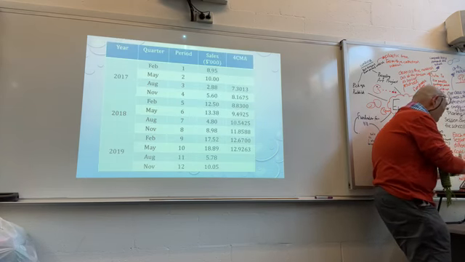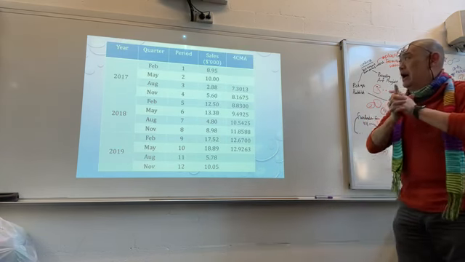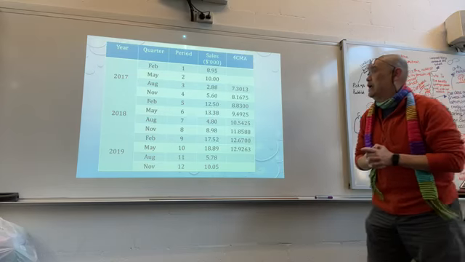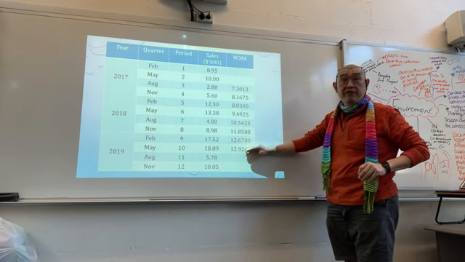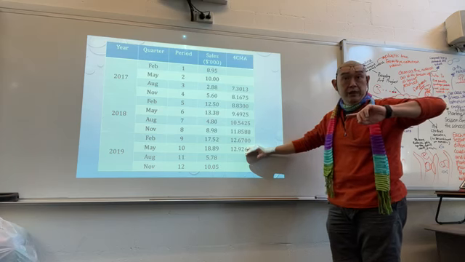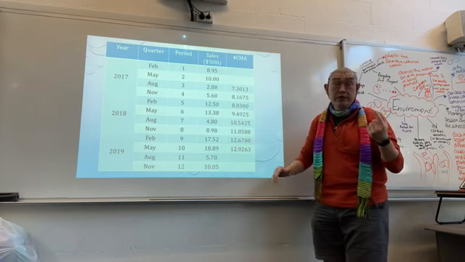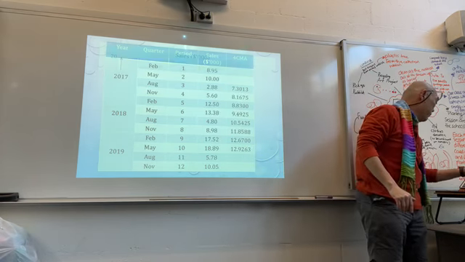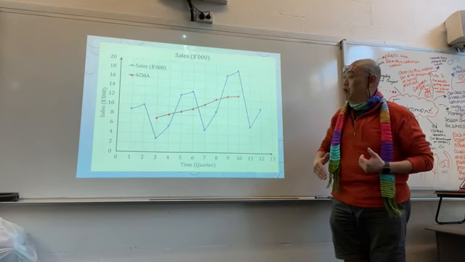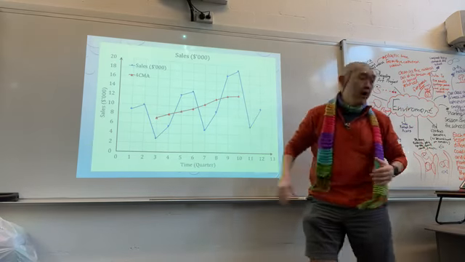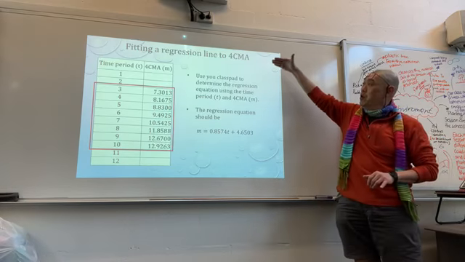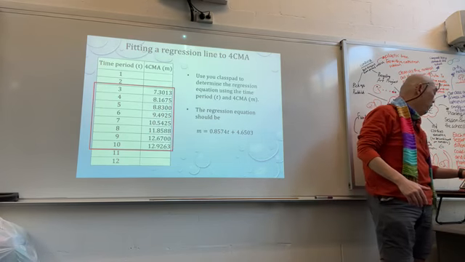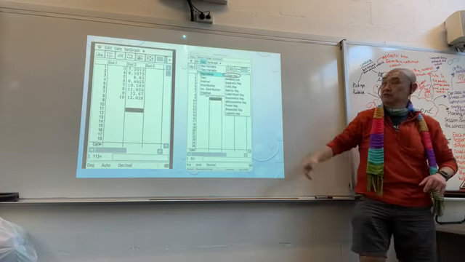Now, what I did on Wednesday was show you how to work out the 4-point center moving average and then the regression. You all remember how to do that? Just a quick recap. We worked out the 4-point moving average, we plotted it on the graph, and then I showed you how to fit a regression line to the 4-point center moving average.